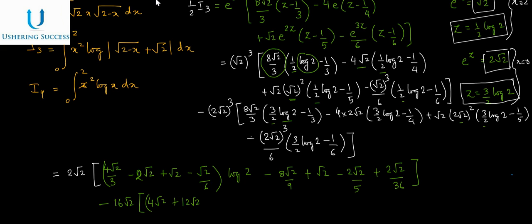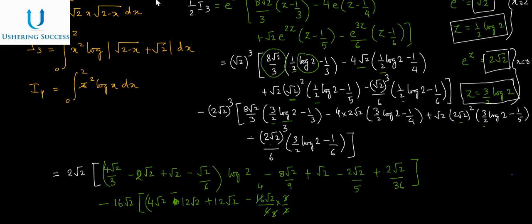So this was a minus sign, and the next one would be 12 root 2 with a positive sign, and then finally we have 2 root 2 whole cube, which is 16 root 2 into 3 by 2 by 6, so minus 16 root 2 by 6 into 3 by 2, so we simplify this, becomes 4 root 2, and then I have a 3 here, so I cancel this, so minus 4 root 2.